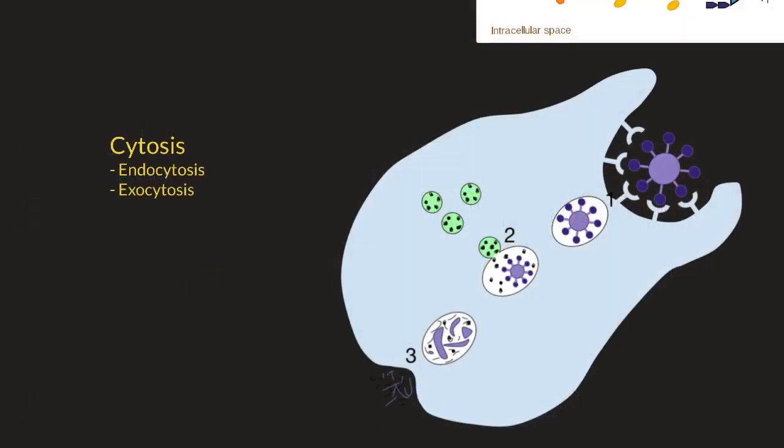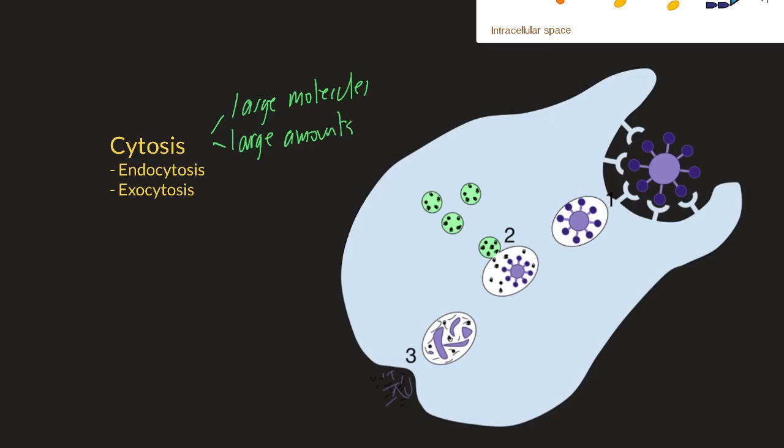So there's another mechanism of active transport that's important when the molecules are too big, so for very large molecules, and also for when there's a large volume of molecules. So it's ideal for large molecules and also for large amounts as well.